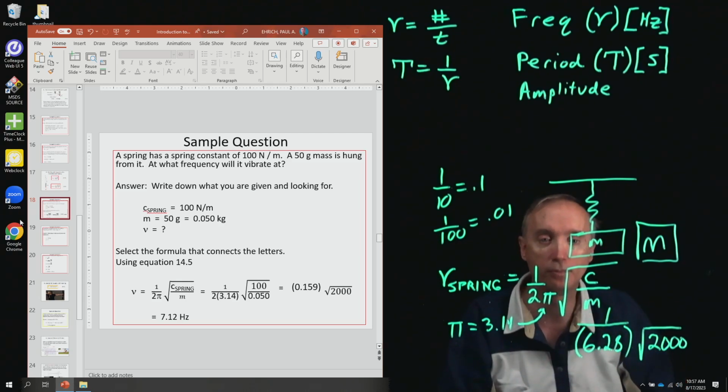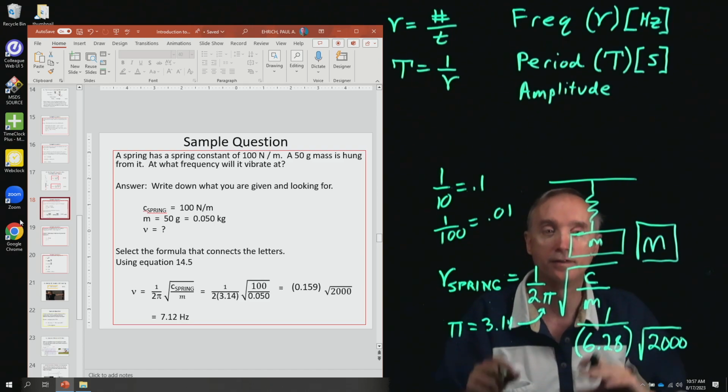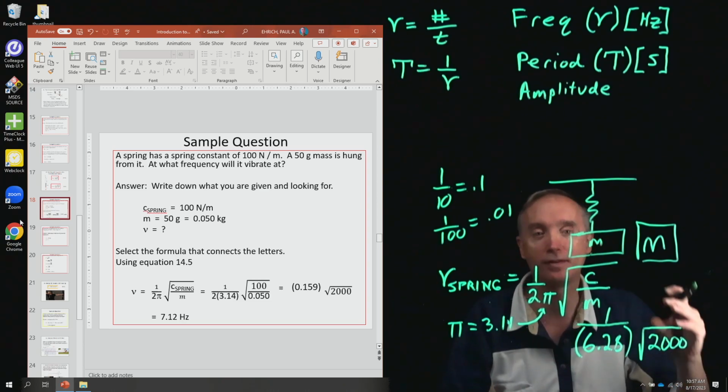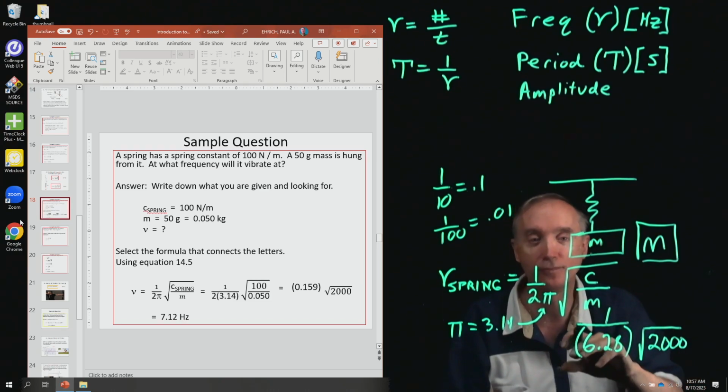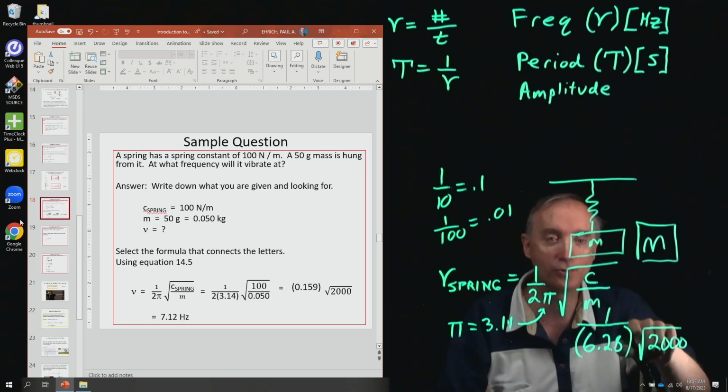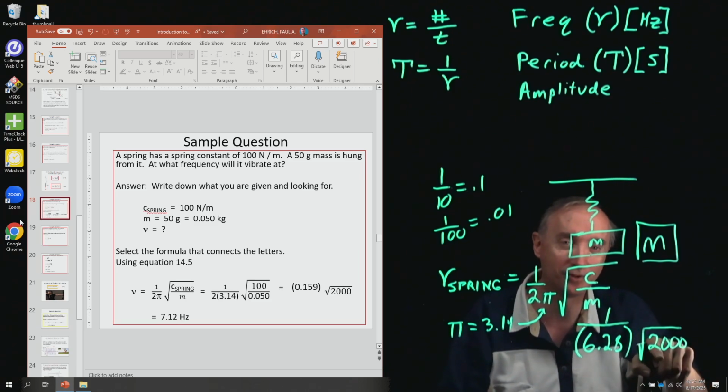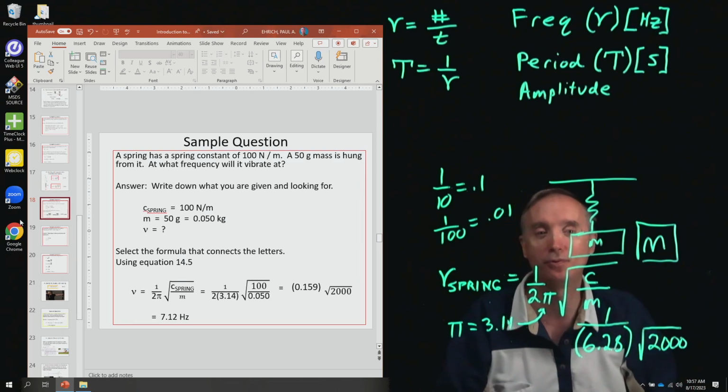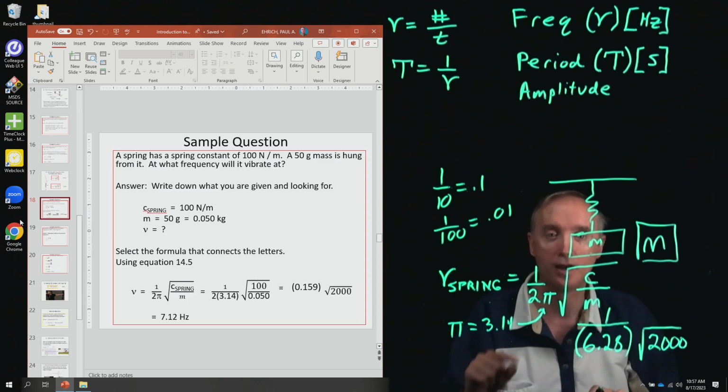And so that's where the 0.159 is coming from. Finally, I'm going to take the square root of 2,000 and then take that number and multiply it by the 0.159. And so that's where the 7.12 comes from.